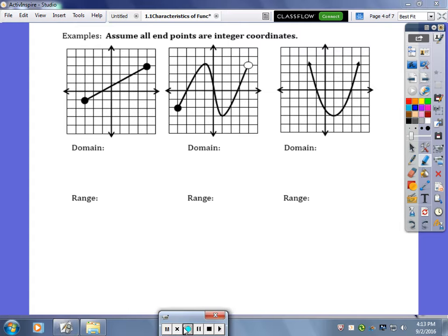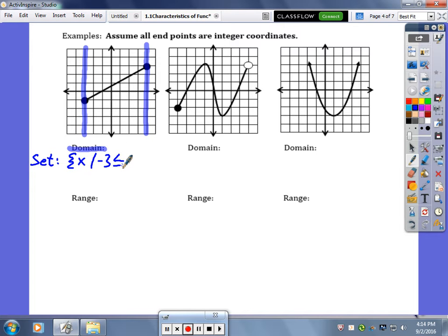Let's look at the domain of our first example. The smallest value that's part of our graph seems to be starting here and then going over to the right. This is how far our graph goes. For our domain, that means that in set notation we write x such that negative 3 is less than or equal to x.